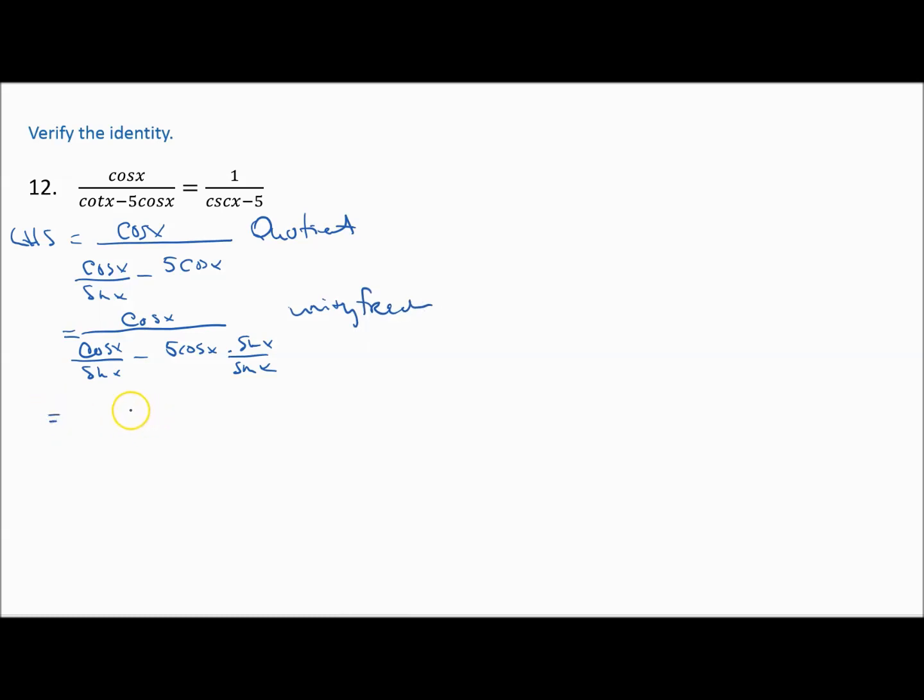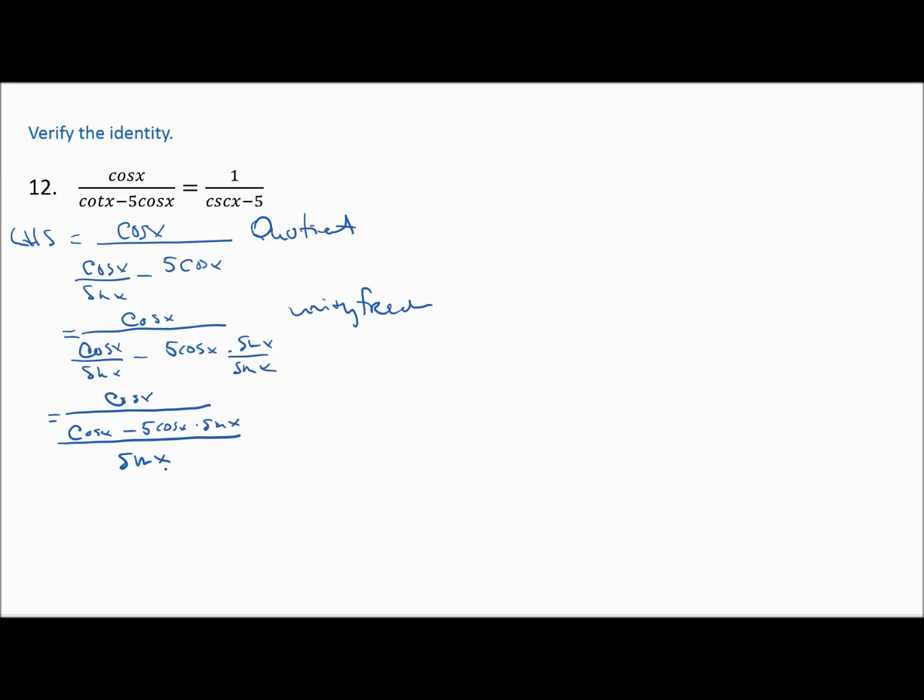So that's equivalent to cosine of x over, now I'm going to write this as one fraction. So I've got cosine of x minus 5 cosine of x times sine of x over my common denominator of sine of x. Now I know that looks terrible.